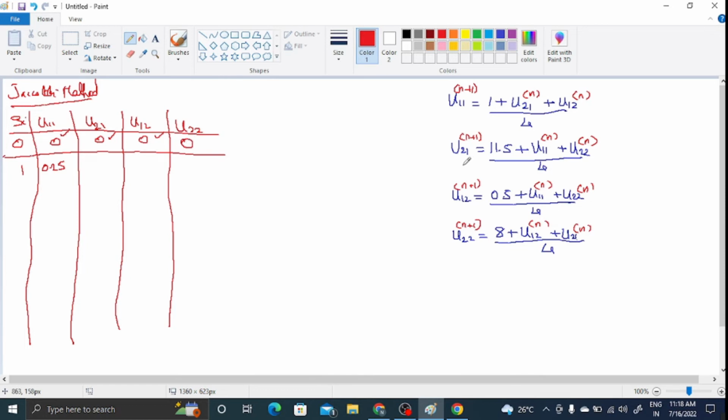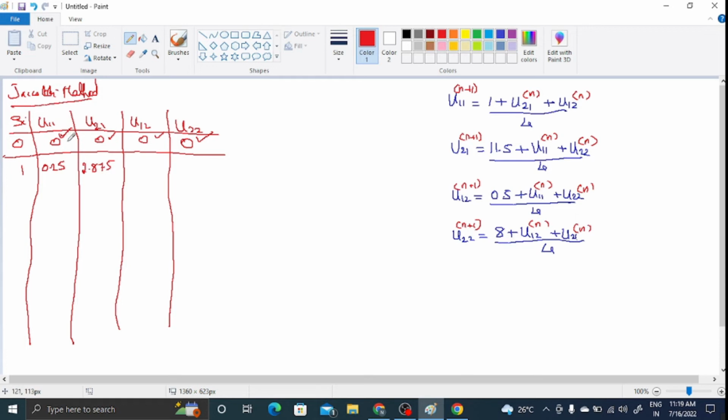So what is the value of U21? 2.875. Very good. So U21 equals 2.875. Okay, this one is over. Now U12. For U12, we need U11 and U22.